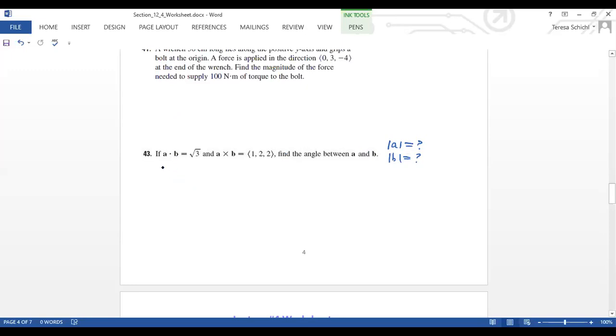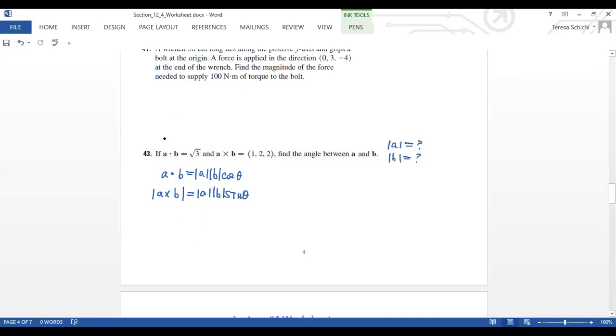Okay, now the reason why I say it's good is because we use both concepts. I know the A dot B, all right? So the A dot B is the length of A, the length of B, and the cosine theta. Then we also say that the length of A cross B is the length of A, the length of B, and the sine theta, right?